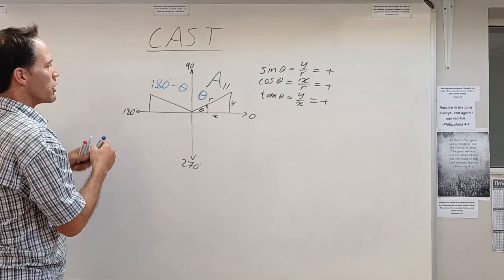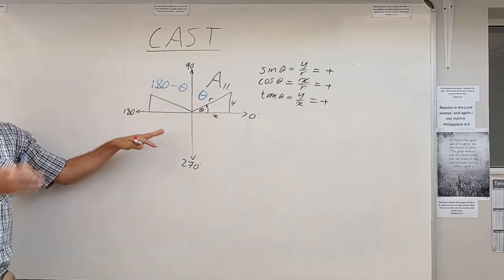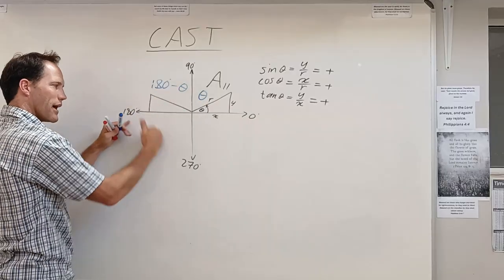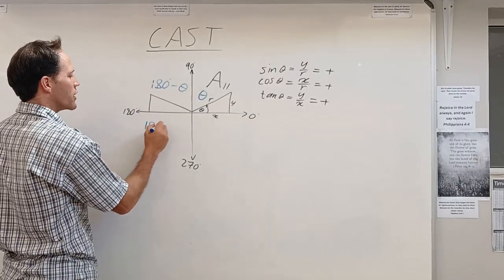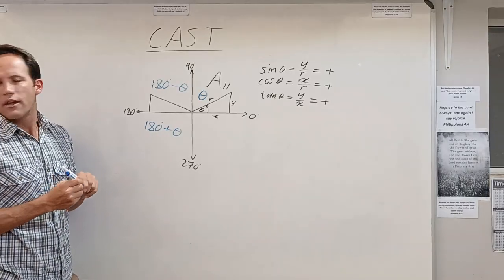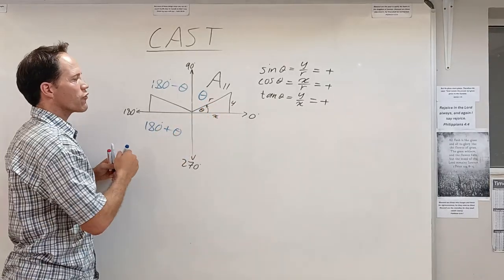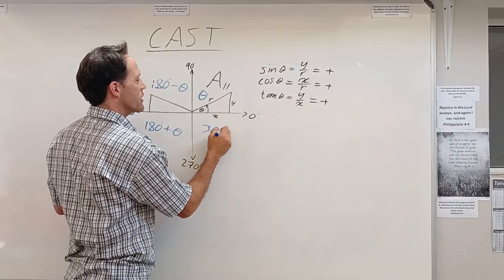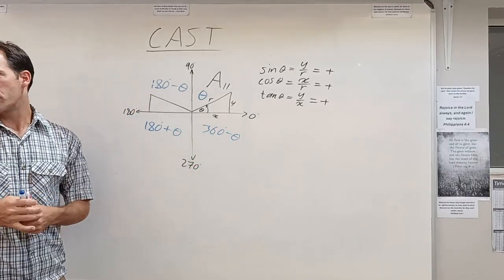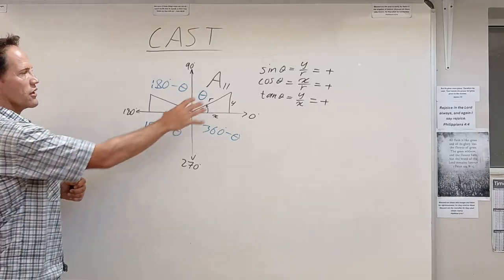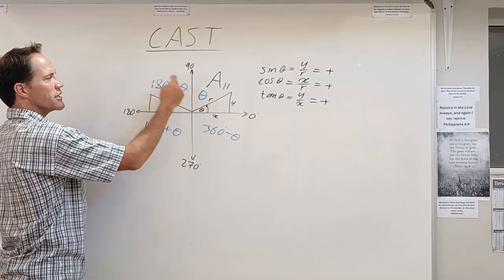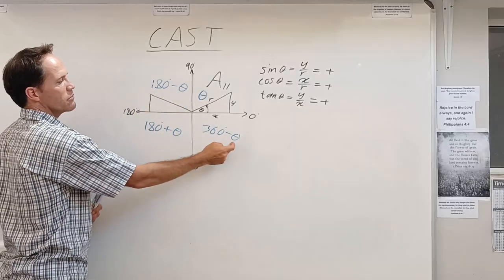When we get past 180, into the third quadrant, we call it 180 plus theta. And then when we go all the way around to the fourth quadrant, we call it 360 minus theta. That's how you should know them: first quadrant theta, second quadrant 180 minus theta, then 180 plus theta, and then 360 minus theta.